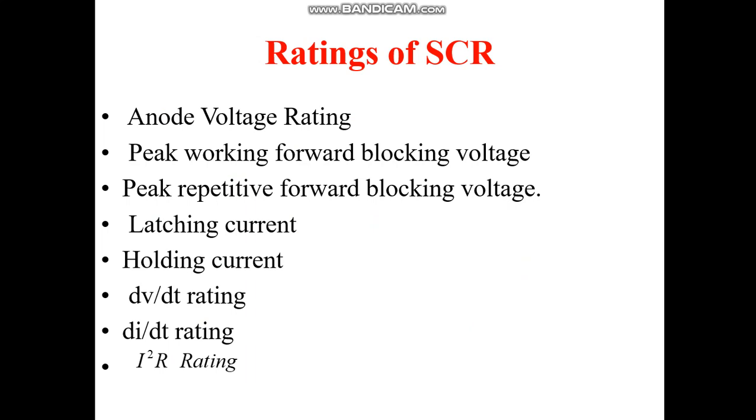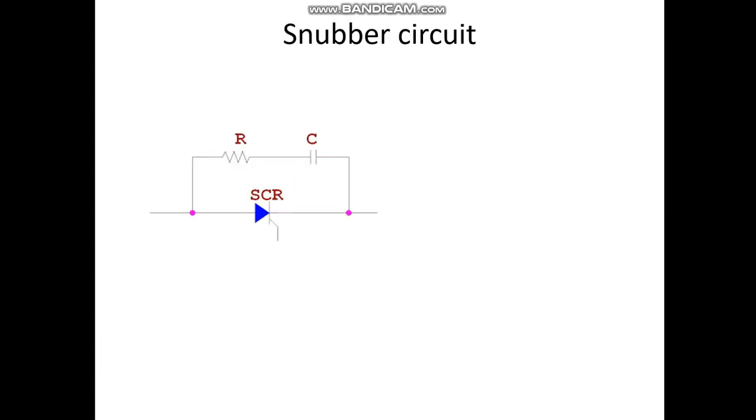Next, the other three very important parameters are the dv by dt rating, di by dt rating and I square t rating. The dv by dt rating and di by dt rating are mainly associated with the protection of SCR. To protect the SCR from dv by dt, we use a snubber circuit. A snubber circuit is a resistor connected in series with a capacitor, and this combination is connected across the SCR.